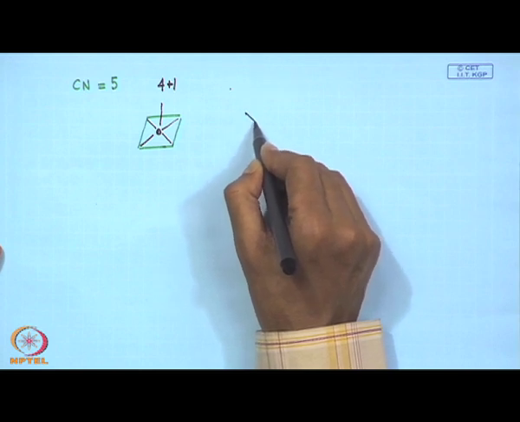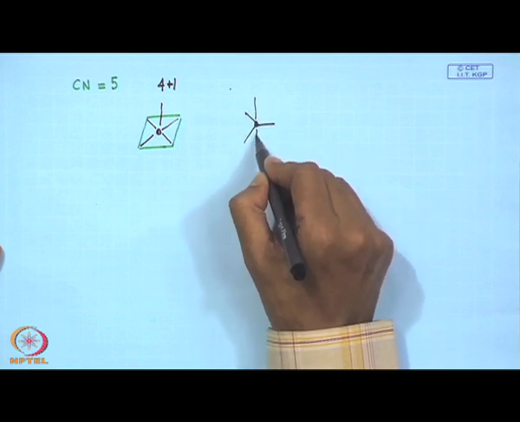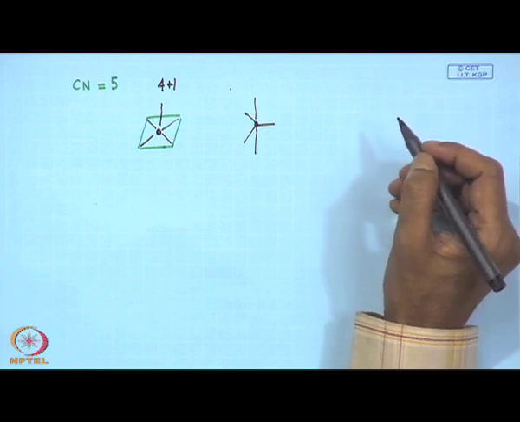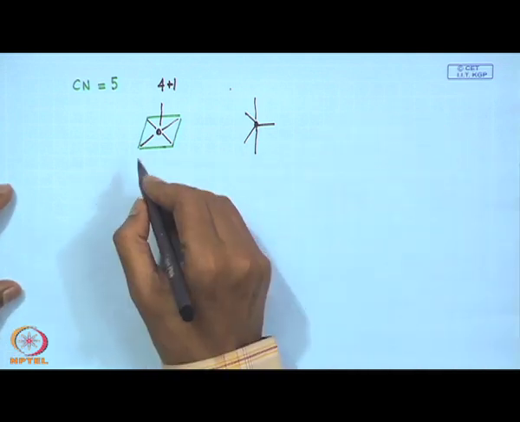Similarly, we all know that another important geometry, which is also possible for simple inorganic molecules and is also true for the corresponding coordination compounds, is the trigonal bipyramidal geometry.